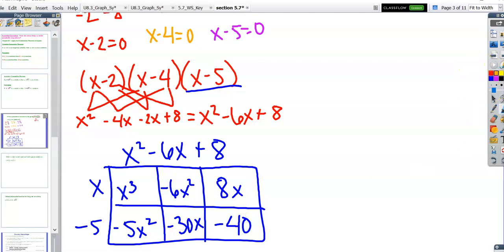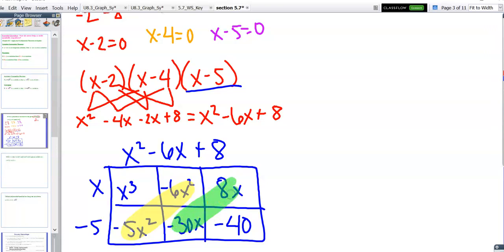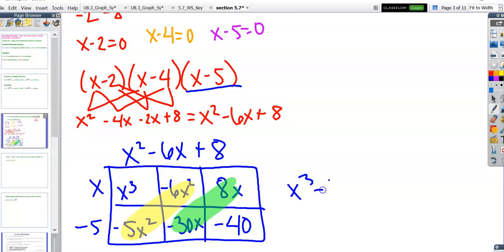For us, we have 2 x squared terms and 2 x terms that we can combine. So when we write out our final answer, we should be getting x to the third minus 11x squared. Oops, that should be positive 30x. So we should be getting 38x and then minus 40.